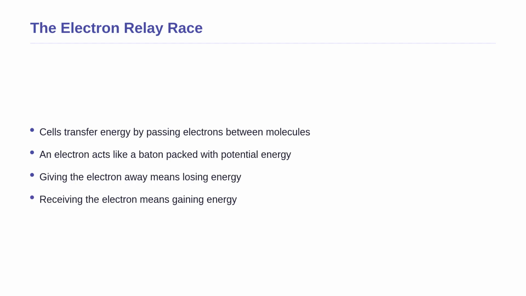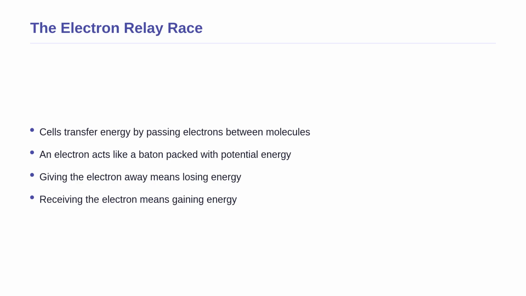Now that we know what we are studying, let us start with a simple analogy. Imagine a relay race, but instead of a standard baton, the runners are passing a bundle of pure, concentrated energy. In the microscopic world of your cells, this high-energy baton is an electron.